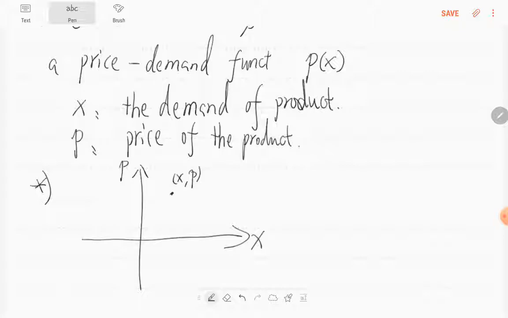It means x items can be sold at the price of p.